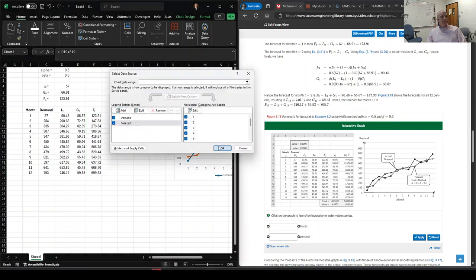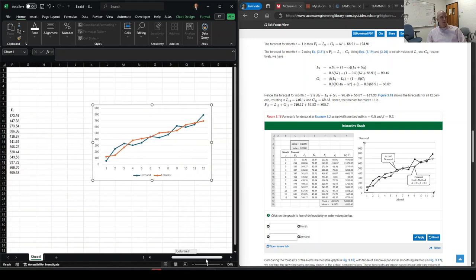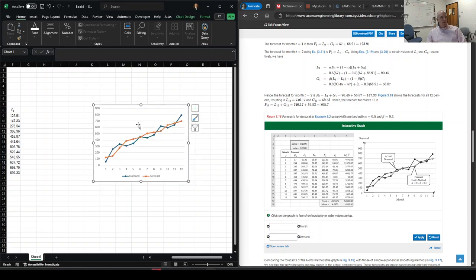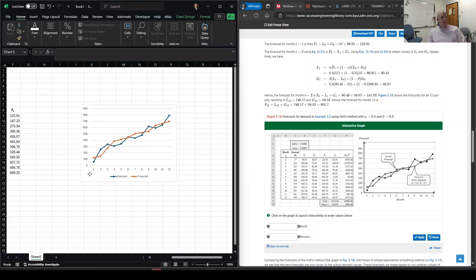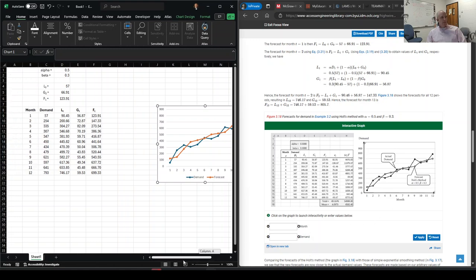Let's look at that. So here's their chart in the book. Here is our chart in our spreadsheet, and that looks really close. If I shrink it down a little bit, it might even look a little bit closer. So we have our demand in the blue and our forecast in the orange. Our demand is the high one here, forecast is the low one here. So we're doing pretty good so far.